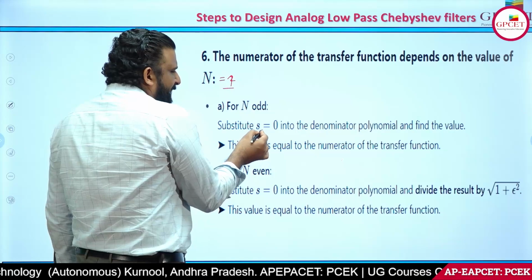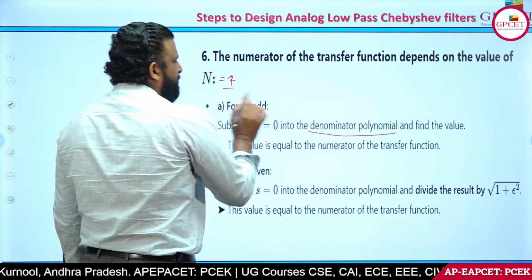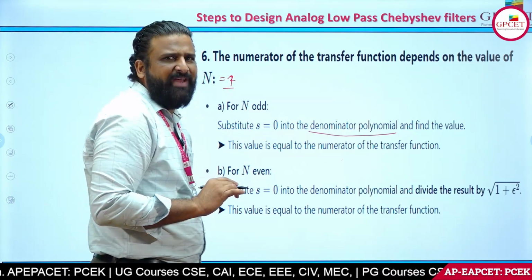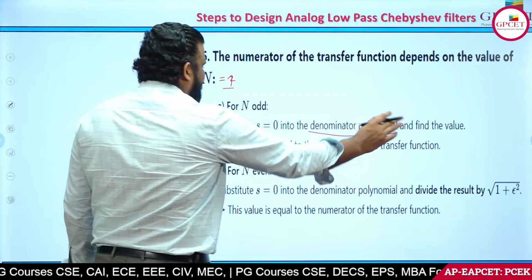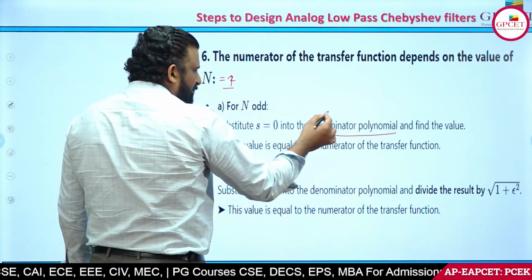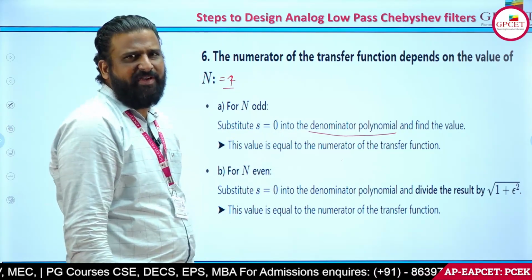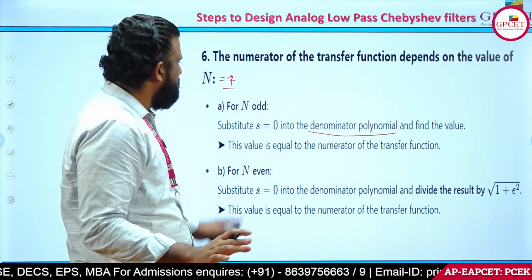We need to substitute s equal to 0 in the denominator. Please keep it in mind, be careful. If n is an odd value, we have to substitute s equal to 0 in the denominator polynomial and find the value. Whatever value I get here will be equal to the numerator of the transfer function. Don't be confused. We will see with the help of one problem. So just keep it in mind.